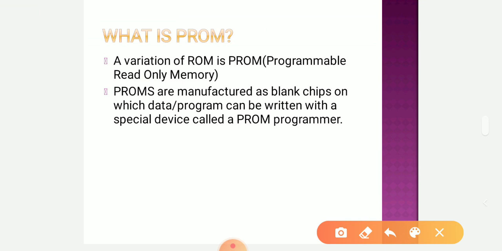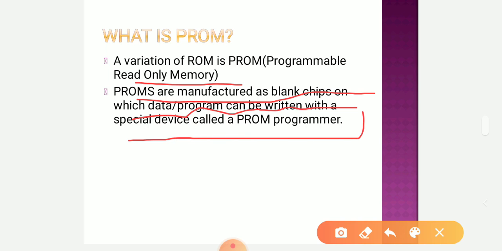It means a PROM is a part of ROM. PROMs are manufactured as blank chips on which data or programs can be written with a special device called a PROM programmer. PROM is manufactured as a blank chip.